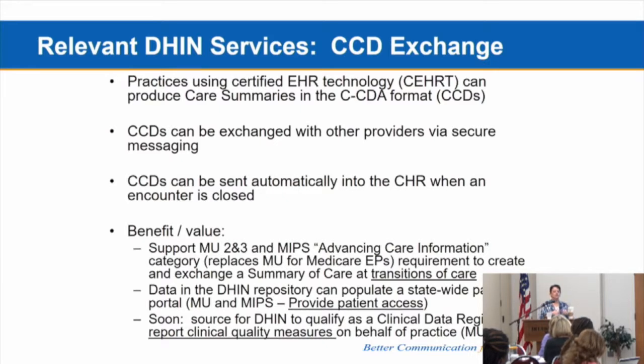If you're a hospital, you've still got meaningful use. MACRA and MIPS replaced meaningful use for Medicare eligible professionals, right? But either way, they have very similar requirements. The advancing care information requirements under MIPS are almost exactly the meaningful use requirements.